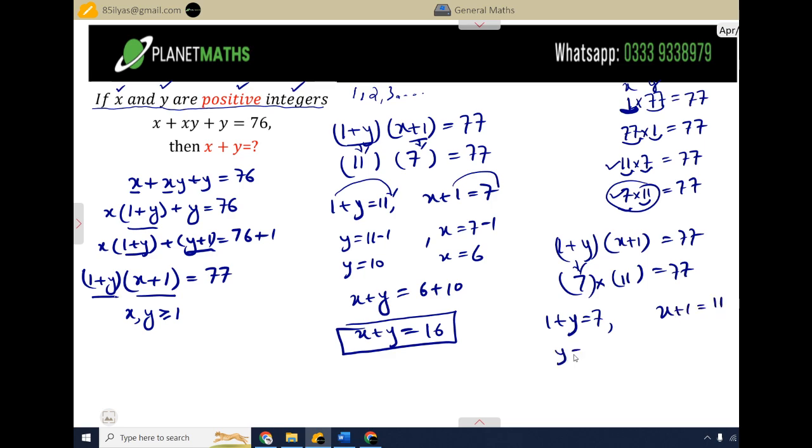From here you will get the value of y as 6, and from here the value of x will be 10. Now x is 10 and y is 6, so x plus y is 16. In both cases the answer is the same. So this is the answer for you guys.